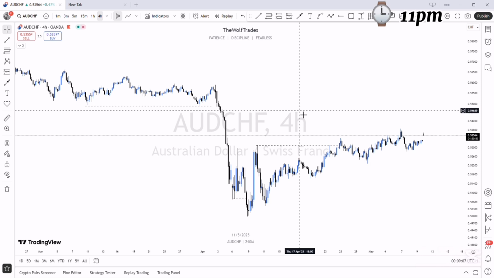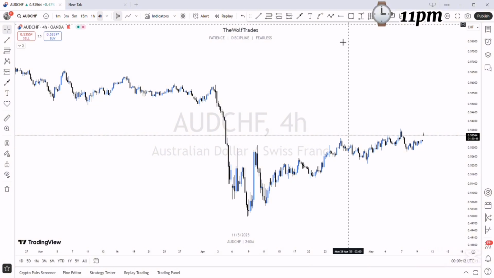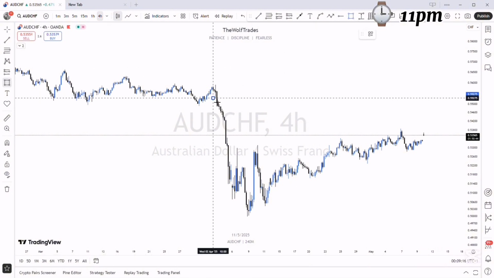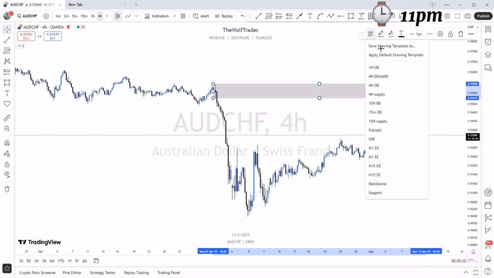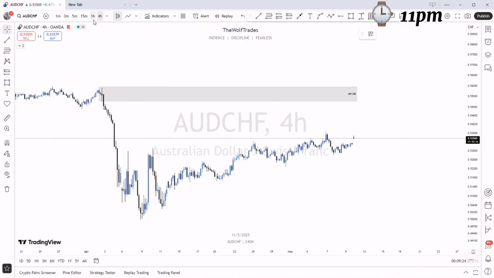So let me just delete everything and mark my area of interest for the week. That's my supply zone. I'll be waiting for price to just come and respect that zone. See, I move down to the 1 hour time frame.